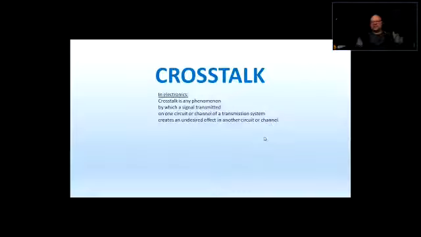So basically, it's a form of interference, and in telecommunications, we call it crosstalk. Crosstalk is usually caused by undesired capacitive, inductive, or conductive coupling from one circuit or channel to another. So it's just another way of putting it.